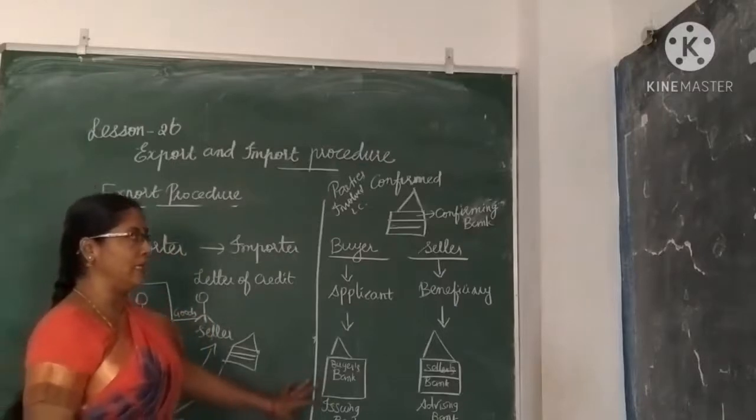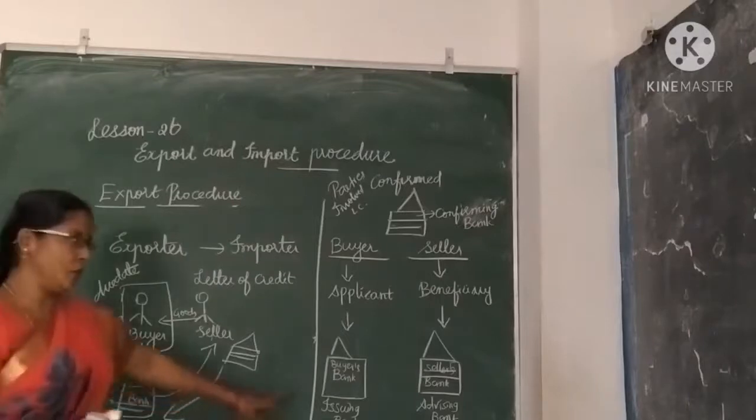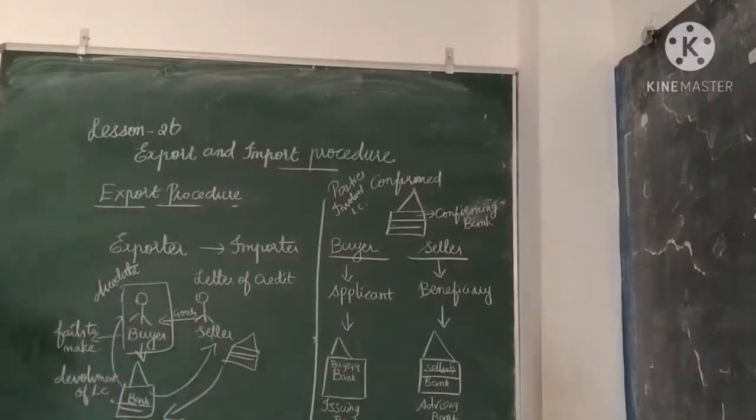The LC is not dispatched simply through the post, isn't it? How do we dispatch the LC? Dispatching means sending.